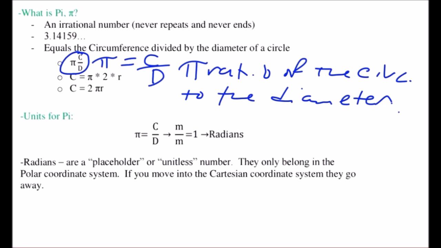Pi is the ratio of the circumference to the diameter of a circle.